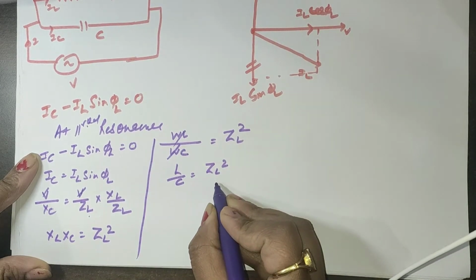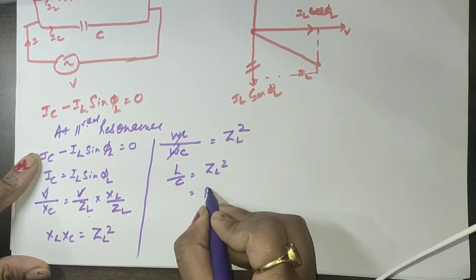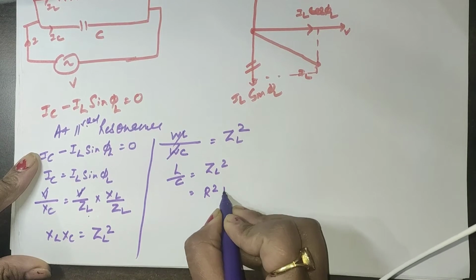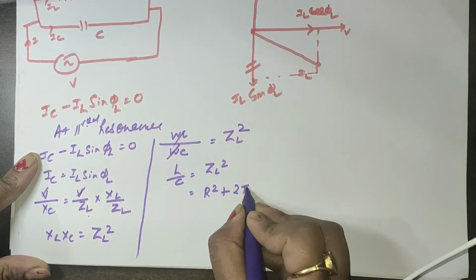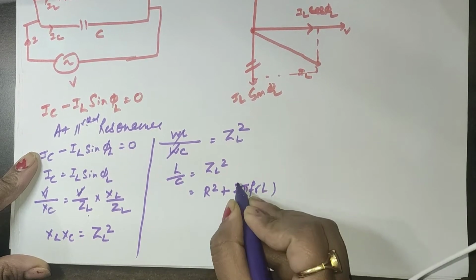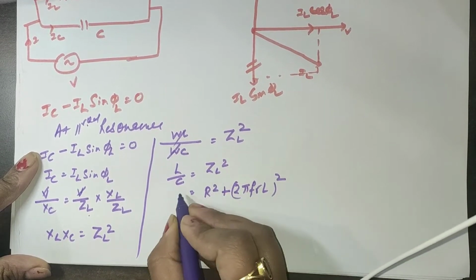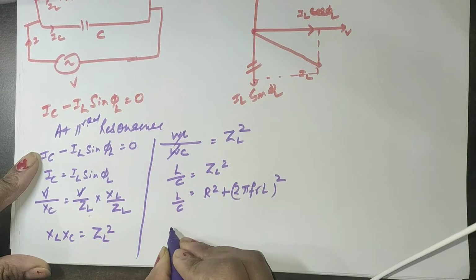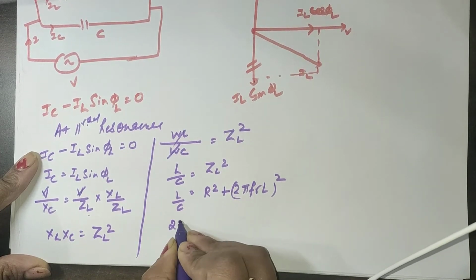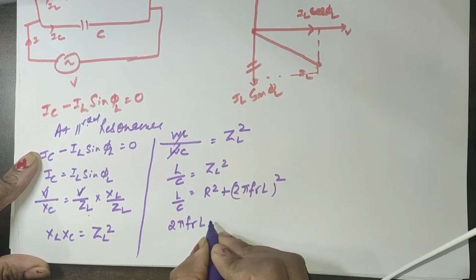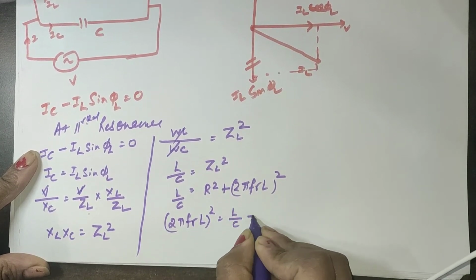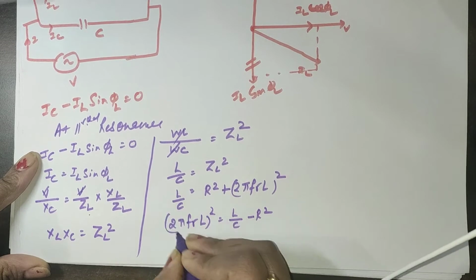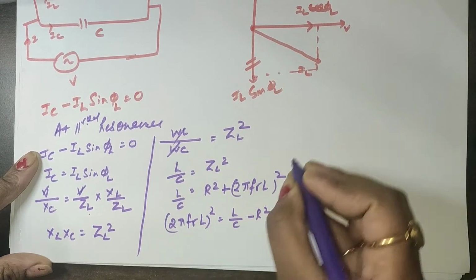Now ZL square, the impedance, is R square plus omega L whole square, so (2 pi FR L) whole square equals L upon C minus R square. We need the FR value.